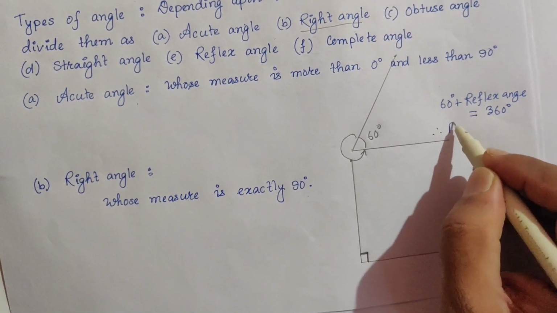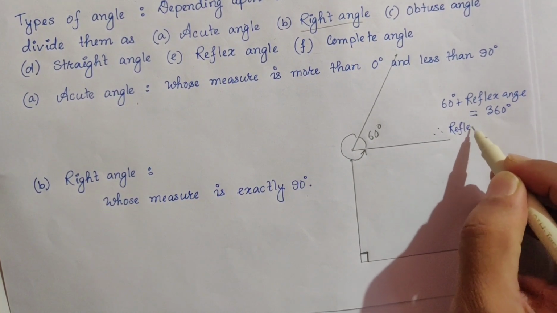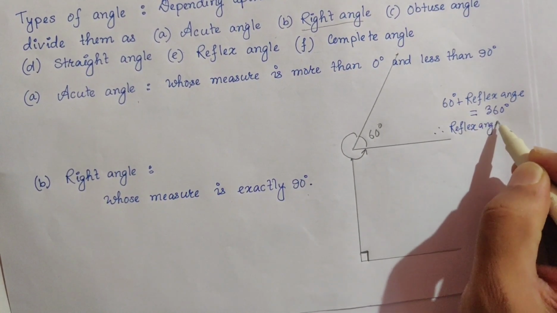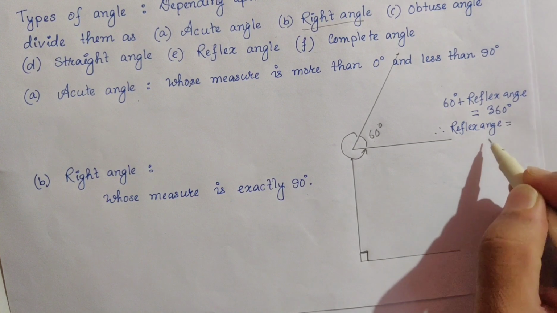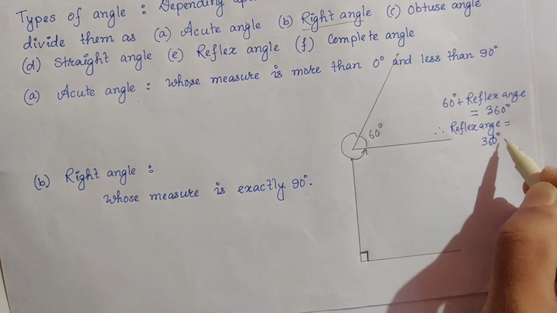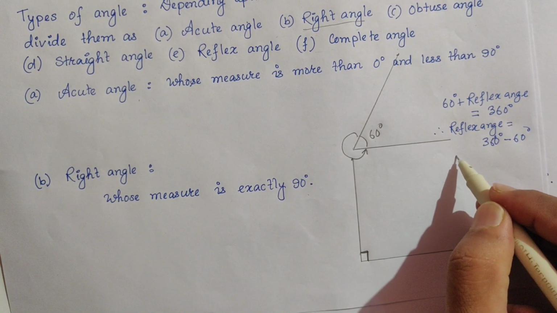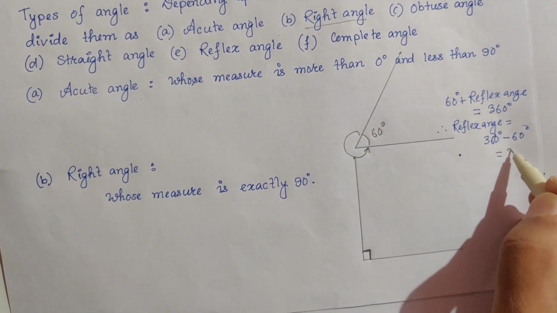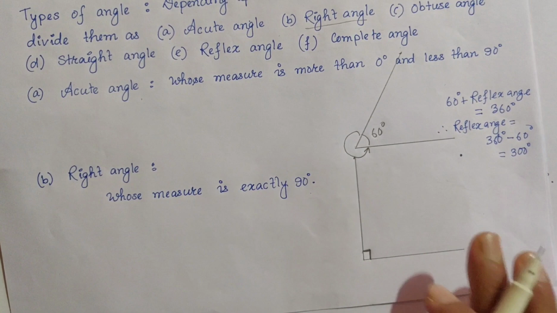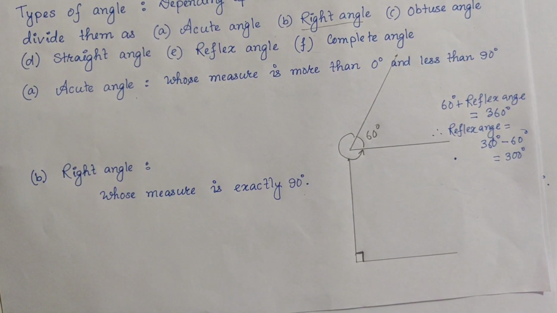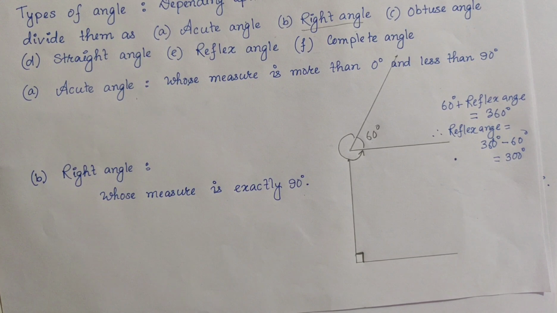Therefore, we can find the reflex angle as 360 degree minus 60 degree. That comes to the other side. So this implies the reflex angle is equal to 300 degree. So using the measurement of the total angle and the value of the acute angle, we can find its reflex angle.